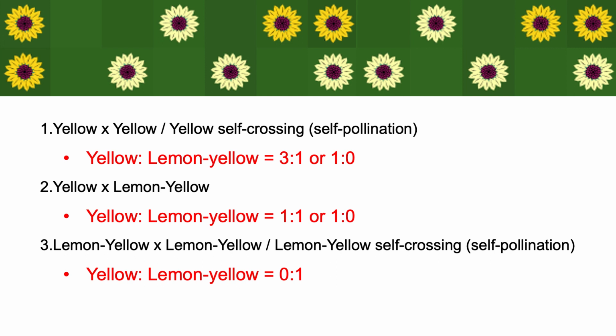When they cross yellow flowers with lemon yellow flowers, they may get a 1:1 ratio where half of the flowers are yellow, half of the flowers are lemon yellow, or they only get yellow flowers. Finally, if they cross lemon yellow with lemon yellow flowers or conduct lemon yellow flower self-pollination, they only get lemon yellow flowers.